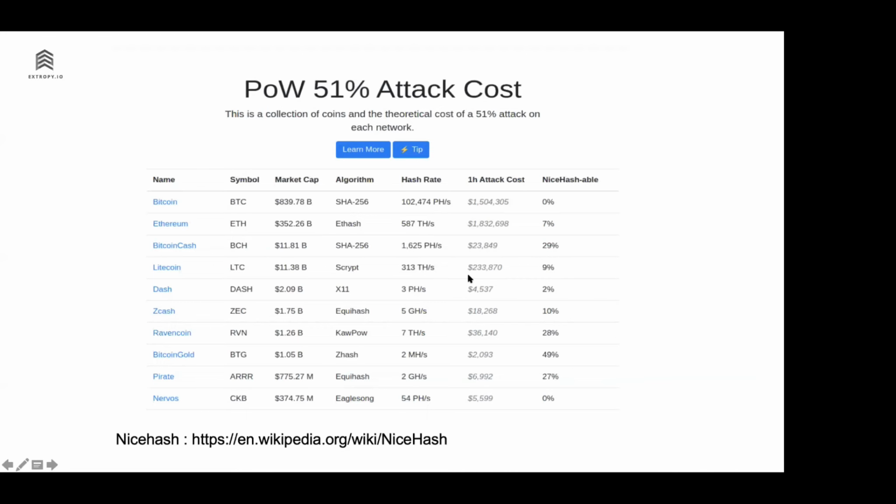But as you drop down, you'll see that some of the networks are much more vulnerable to this process. So, for example, Bitcoin Gold there, if you spend $2,000 on compute power, then you'll have enough hashing power to get 51% of the network. And this is a big problem for smaller blockchains, getting enough honest miners involved in their blockchain to prevent a 51% attack.